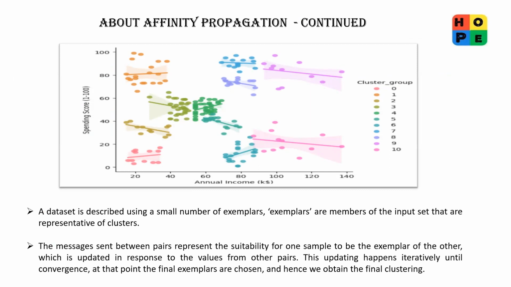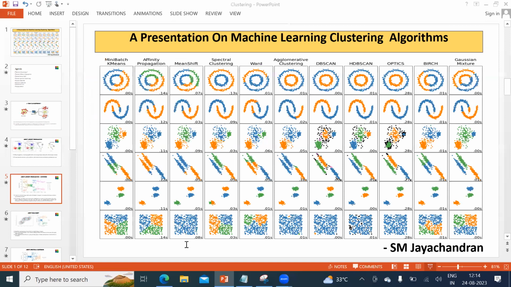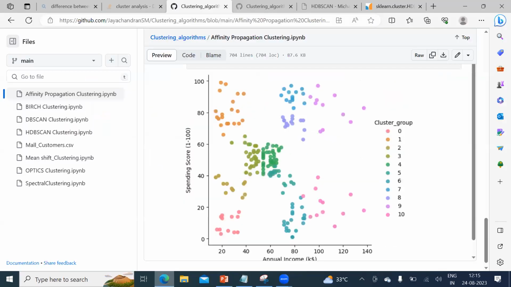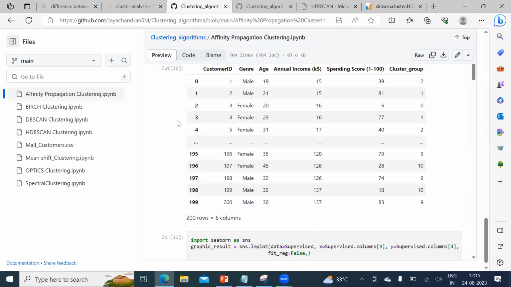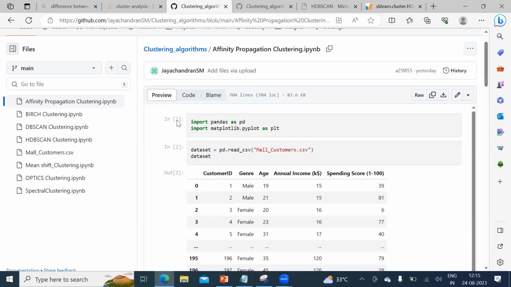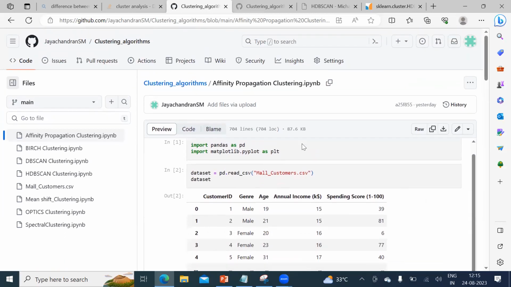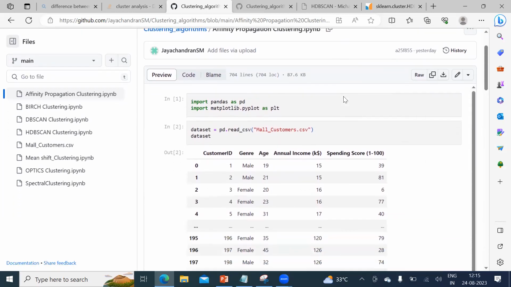As you are aware about the mall customer data set, it has their buying pattern and their tentative annual salary, right? So let me quickly go to the Python code to show you what I have exactly done in terms of affinity propagation, so that you will get a fair idea of what affinity propagation is.